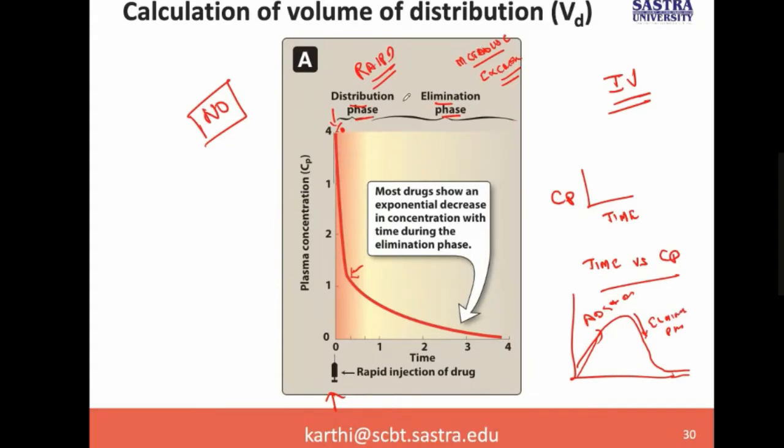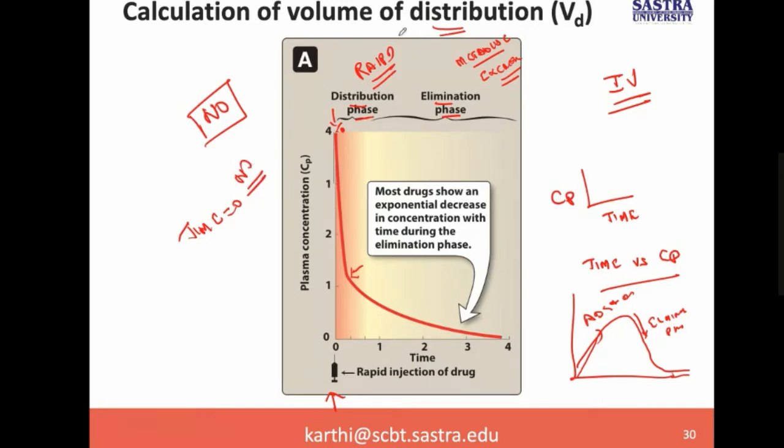Why this graph is shown here is because of when to calculate the volume of distribution. If you take the drug molecule as an intravenous injection, can we calculate the volume of distribution at time 0? No, because that won't give the correct value.